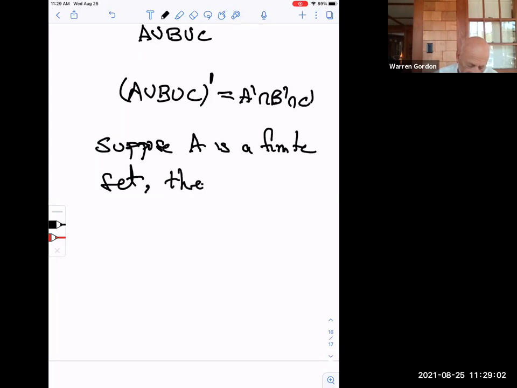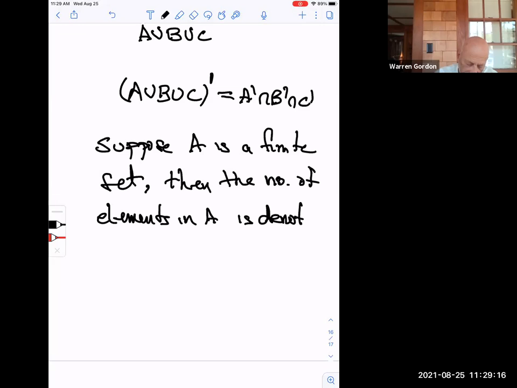Then the number of elements in A is denoted by A with two absolute value bars around it.